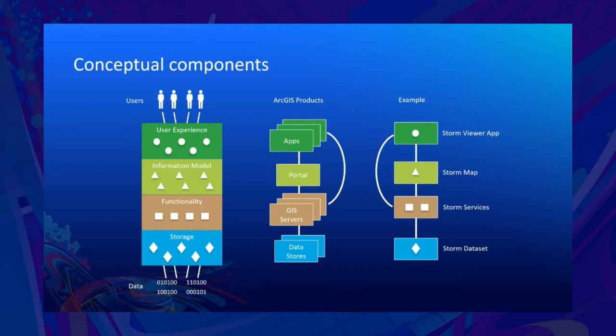That map is exposed through the portal as a web map item that your storm viewer app, a web application that you may be building using something like the ArcGIS API for JavaScript, makes use of that map that ultimately references a series of services that actually expose the geospatial functionality. So keep these conceptual components in mind throughout the presentation.